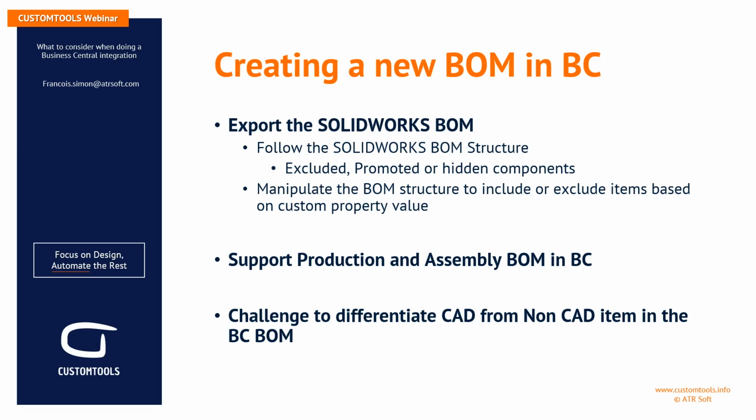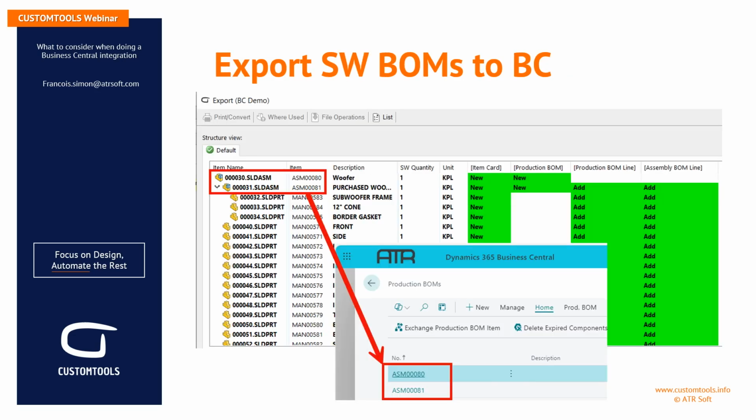Exporting BOM to BC is more complex than creating an item. By default, the export respects and follows the SOLIDWORKS bill of material structure. Also, we can implement logic to include or exclude specific components in the bill of material based on criteria, such as custom property values.